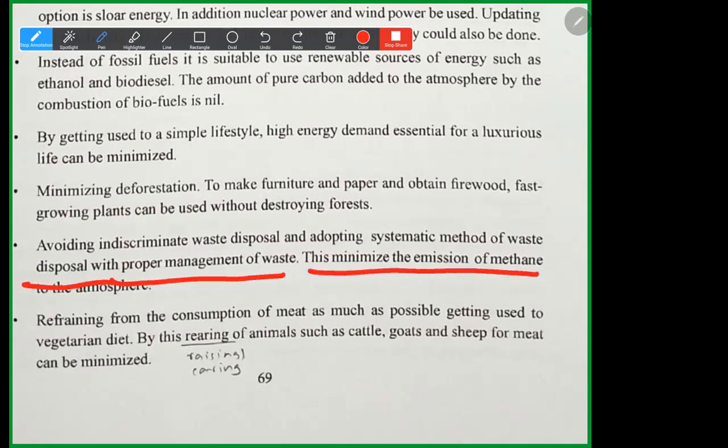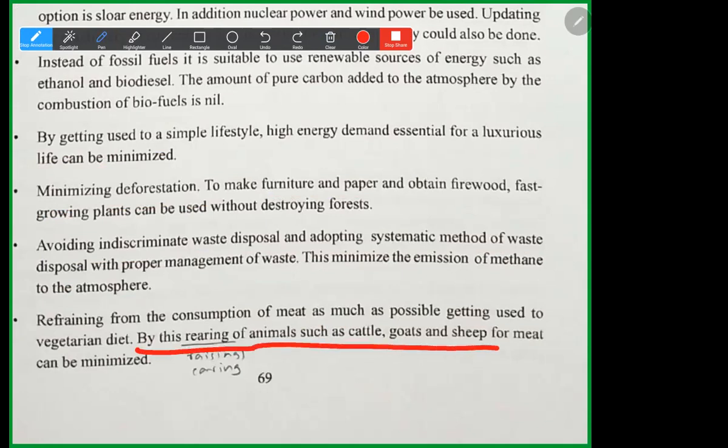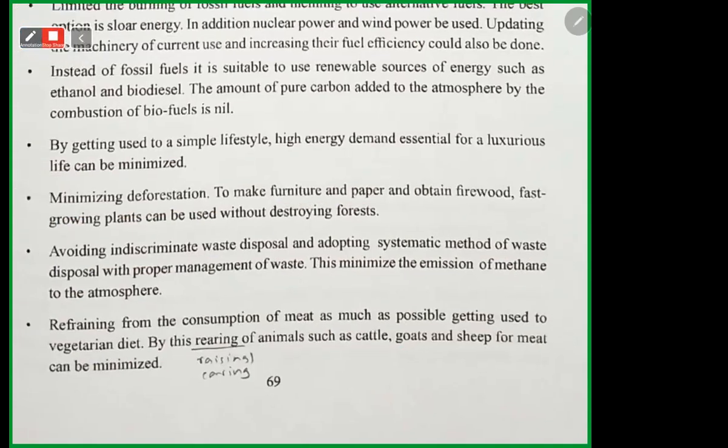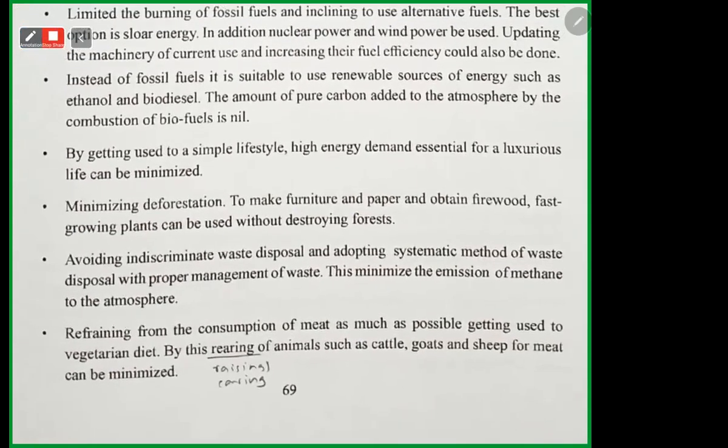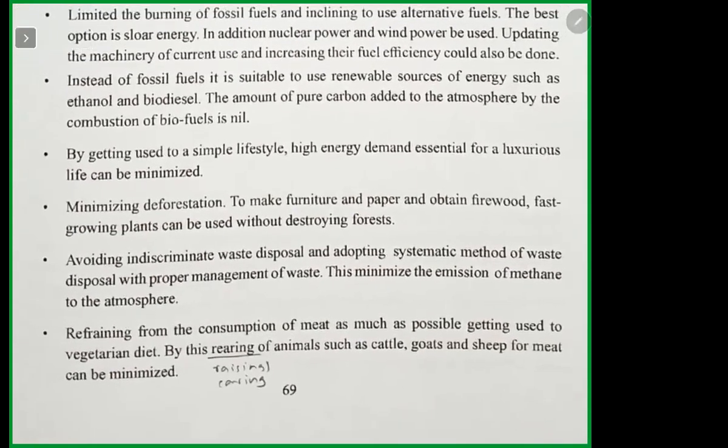This minimizes the emission of methane to the atmosphere. Refraining from the consumption of meat as much as possible, getting used to a vegetarian diet. By this, the rearing of animals such as cattle, goats, and sheep for meat can be minimized. It's not for us, it's for these Western and European countries, where meat is basically a surviving need.